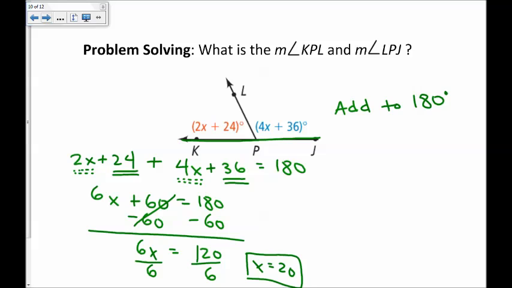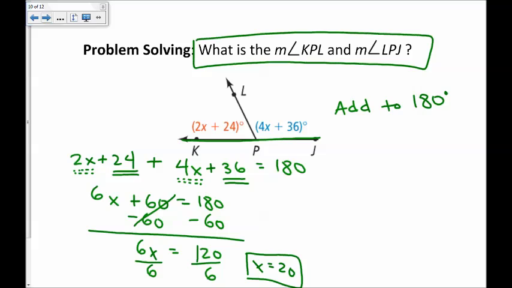Now, I am not done. The question is, what is the measure of angle KPL and the measure of angle LPJ? So I need to plug this in here, and 2 times 20 plus 24 is 40 plus 24 is 64 degrees.